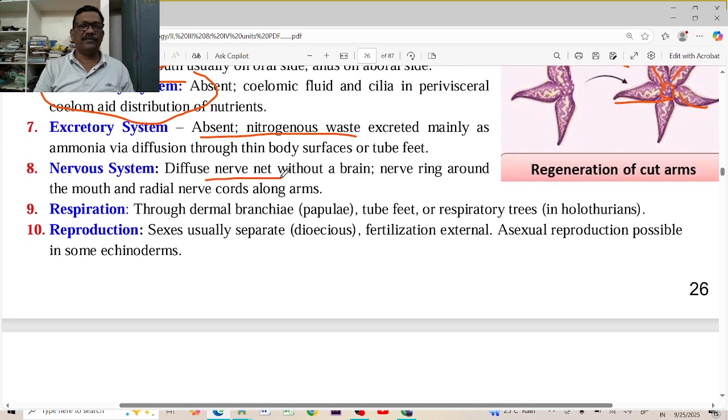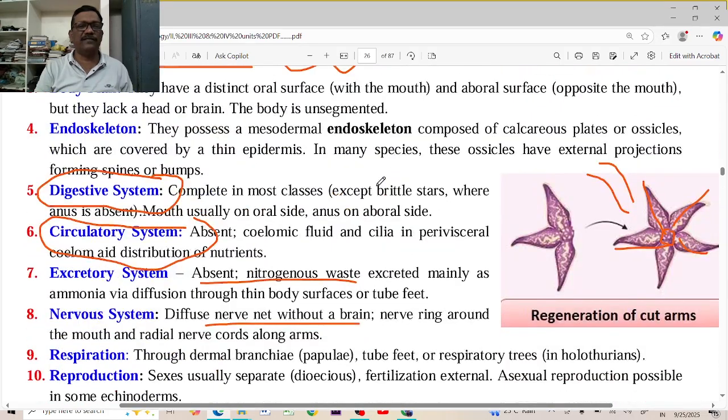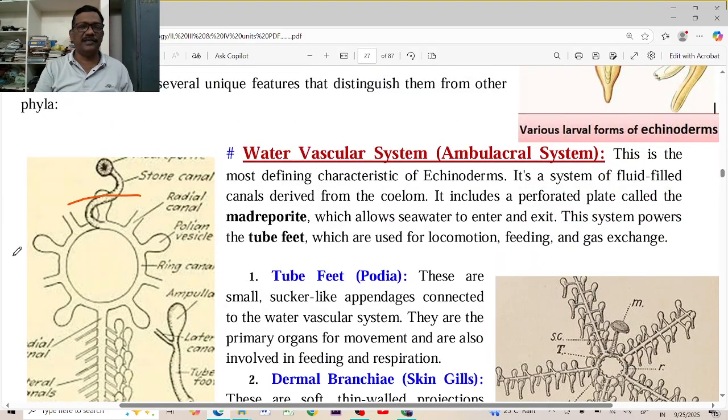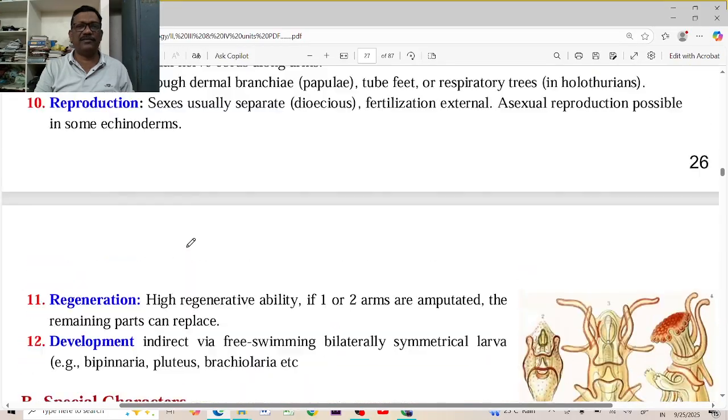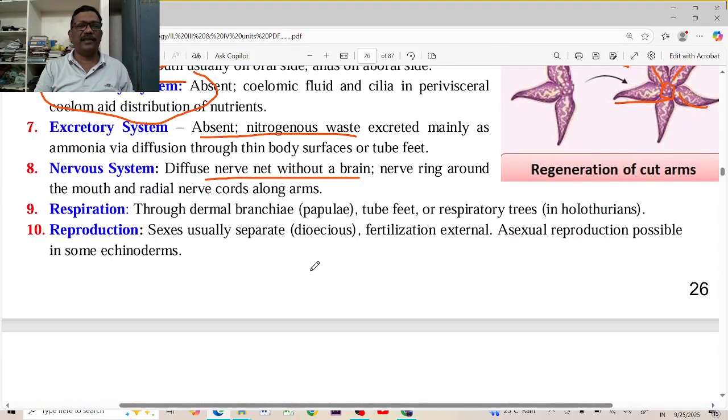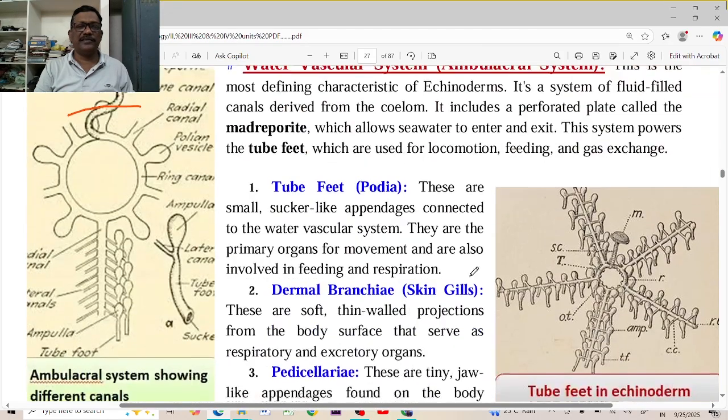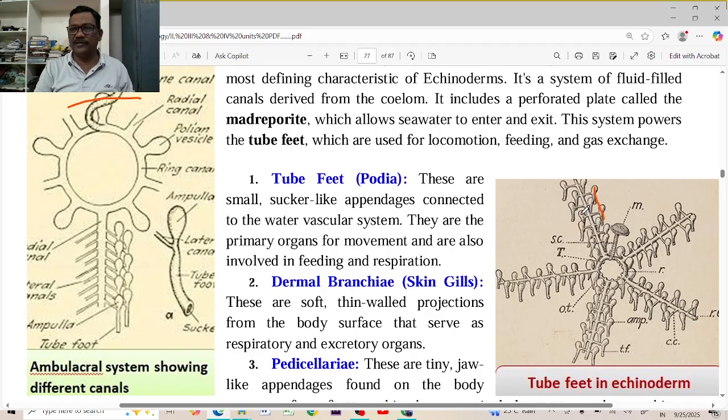Nervous system: a nerve ring like structure is developed around the radial canal. Respiration, yes, see, these are the tube feet. These tube feet are also used for locomotion, capturing the food material, and also for respiration.